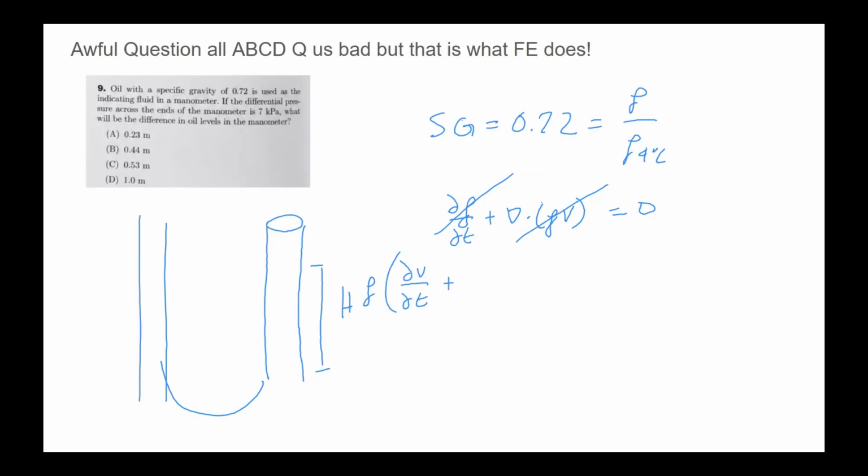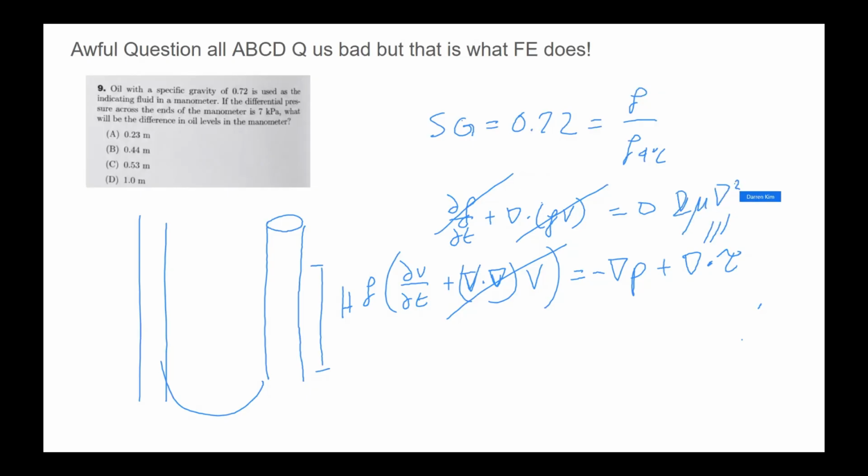This might be what you call overkill. There's v dot gradient v. This is zero because there is no velocity. Negative gradient pressure plus gradient dot tau for simplicity. You could have written this equivalently as 2 mu gradient squared u plus mu plus lambda gradient of gradient dot v like that.